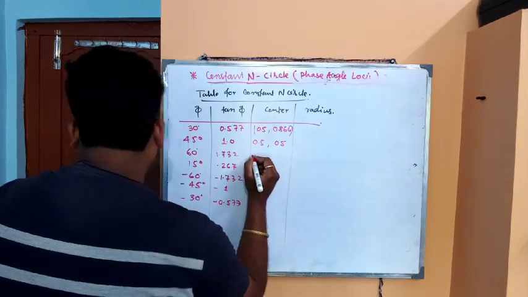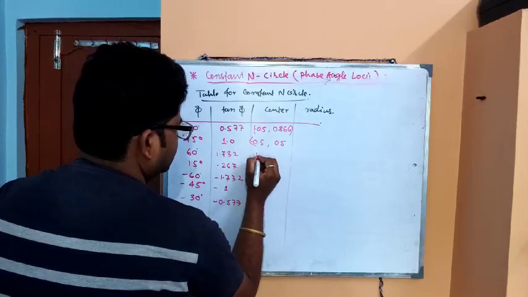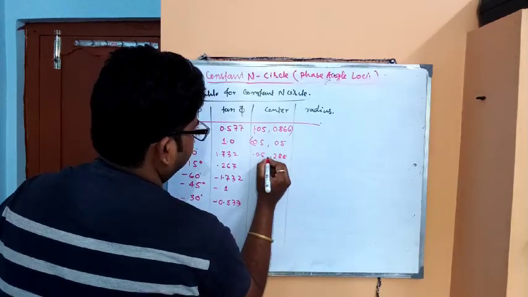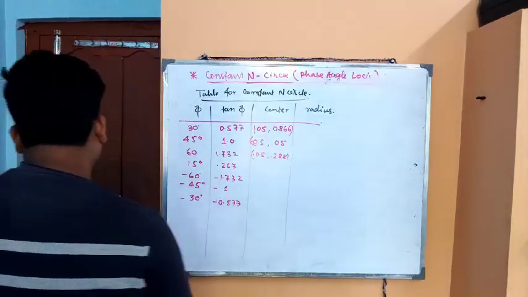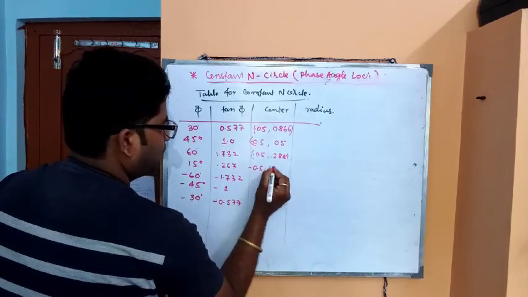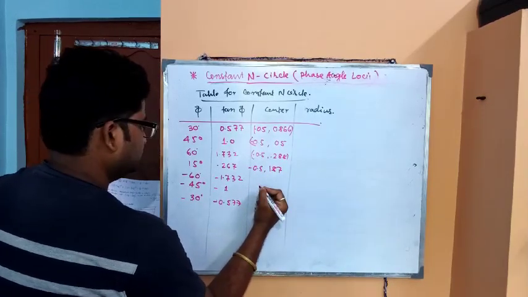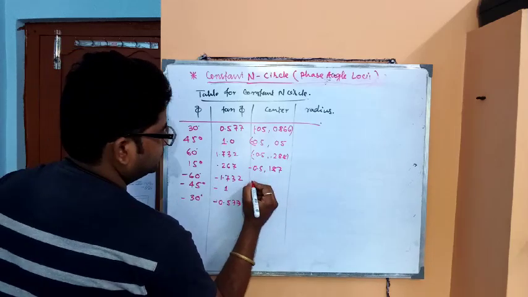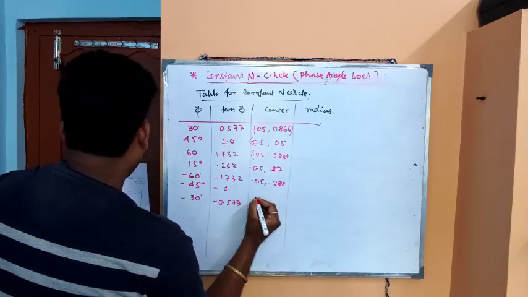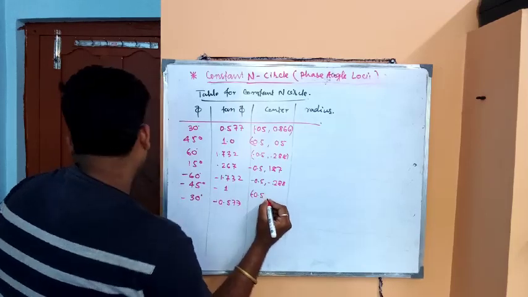So for the minus values, minus 0.5 comma 0.288. Then for 15 degree it is 0.5 comma 1.87. For minus 60 degree it is minus 0.5 comma minus 0.288. Then for minus 45 degree it is minus 0.5 comma minus 0.5.